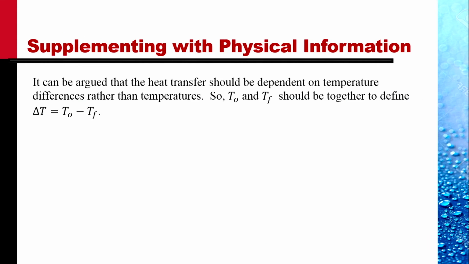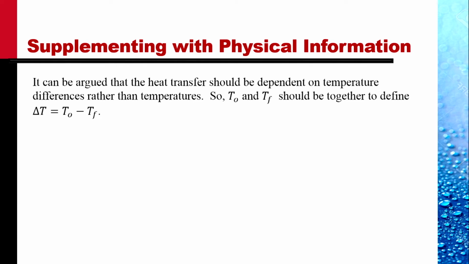It can be argued that the heat transfer should depend on temperature differences rather than temperatures, as we had done earlier in this lecture. So T naught and Tf should be together to define delta T as T naught minus Tf.